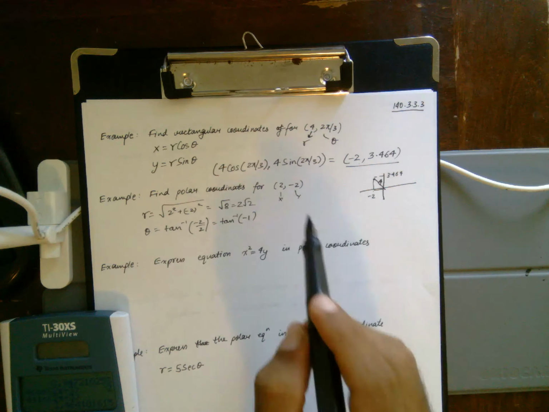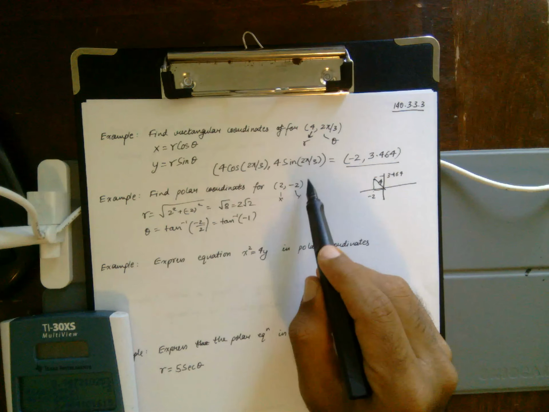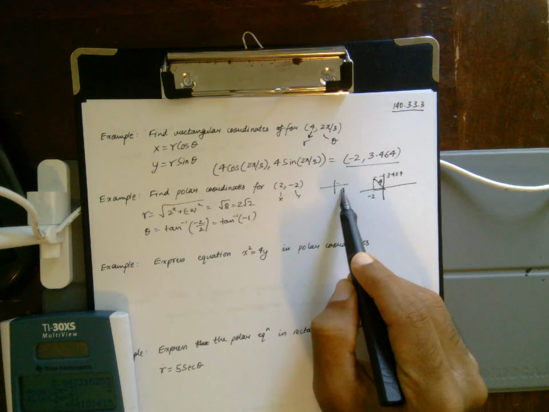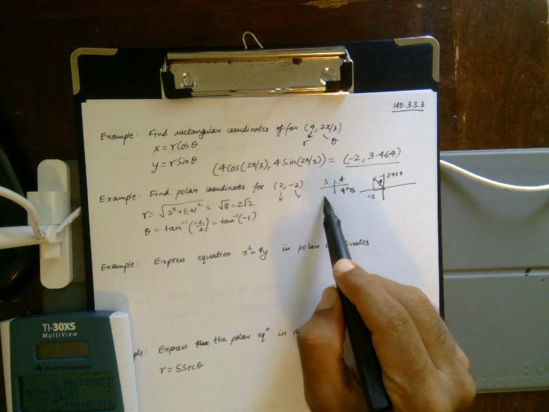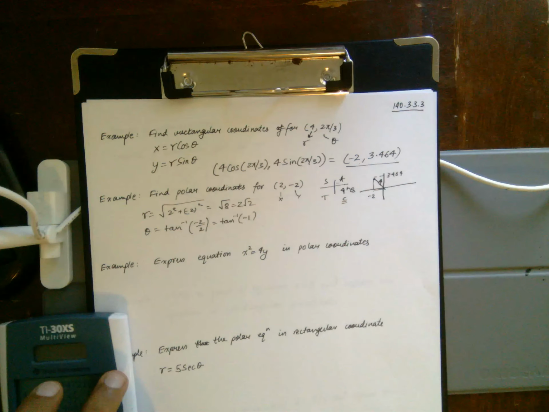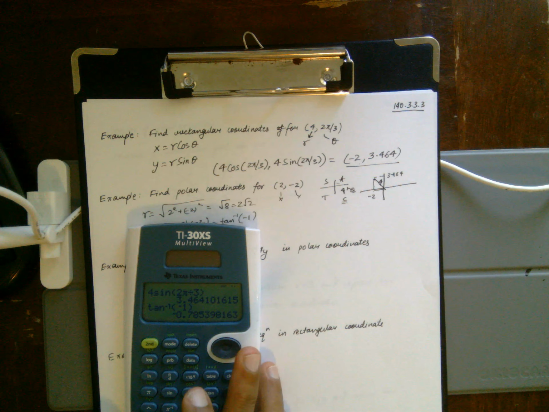Now here you have to be careful about which tan inverse value to use, right? What quadrant is this point in? 2, negative 2 means it's in the 4th quadrant, and ASTC tells me that tangent is negative in the 4th quadrant. So let's find tan inverse of negative 1. Tan inverse is 1 at 45 degree multiples, right?